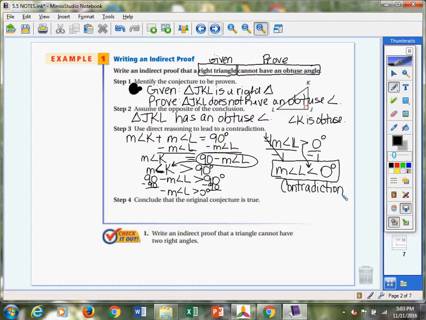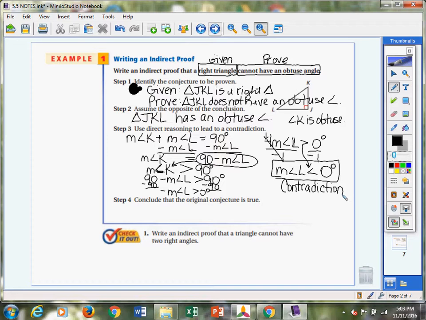Now we go, but wait a second, can you have an angle that's less than 0 degrees? No. The protractor postulate, which we learned early on, says that a triangle cannot have an angle with a measure less than 0 degrees. It's 0 to 180.